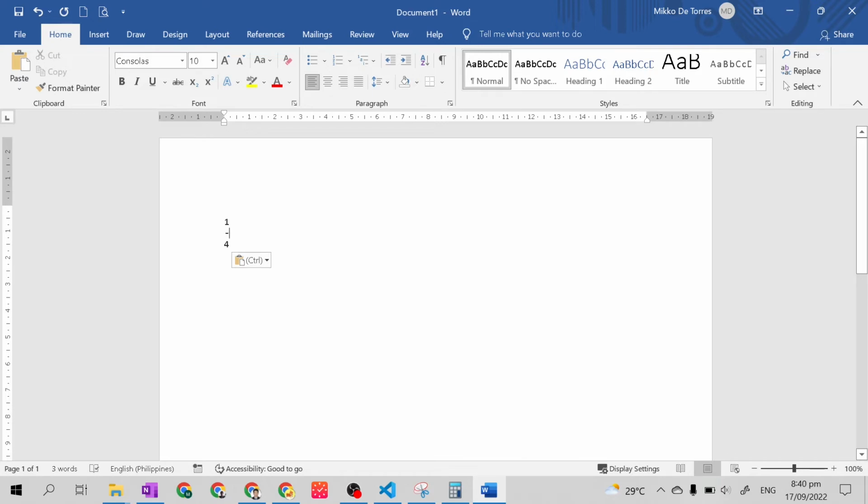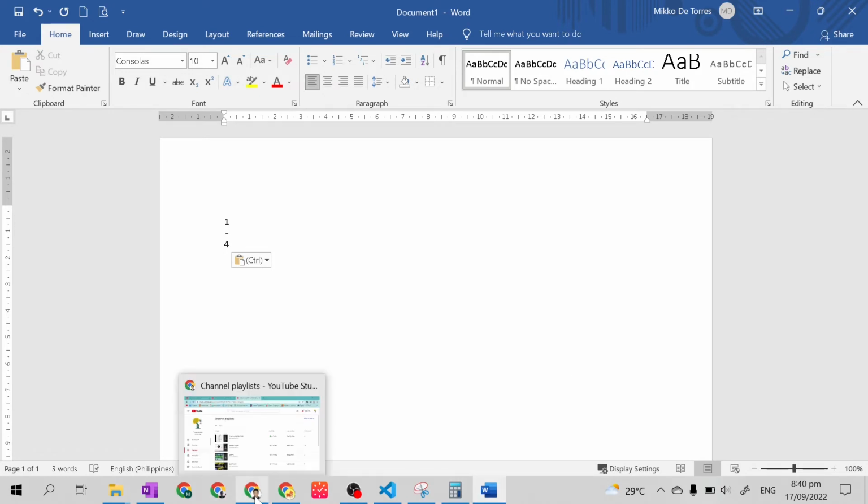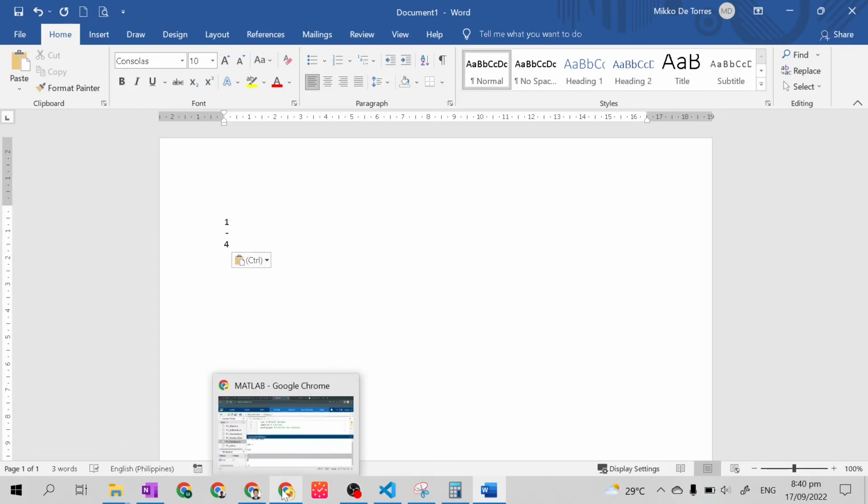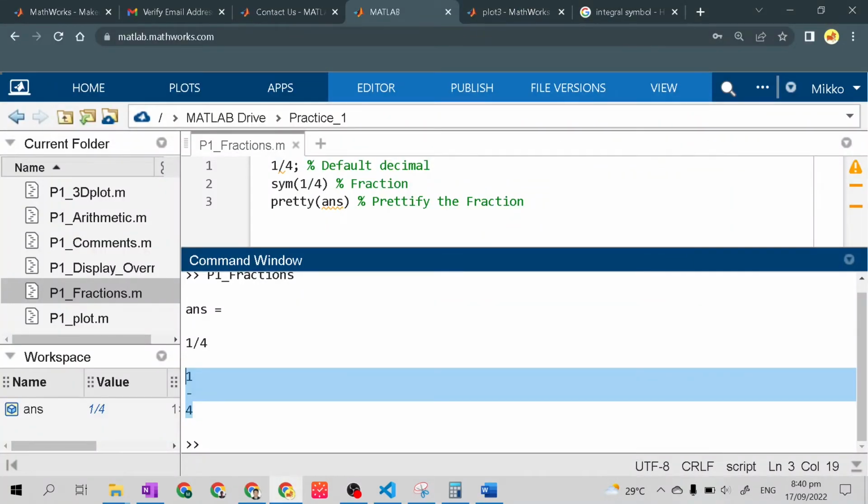But here in MATLAB, you can copy it and paste it as text. See, that is an advantage of MATLAB.